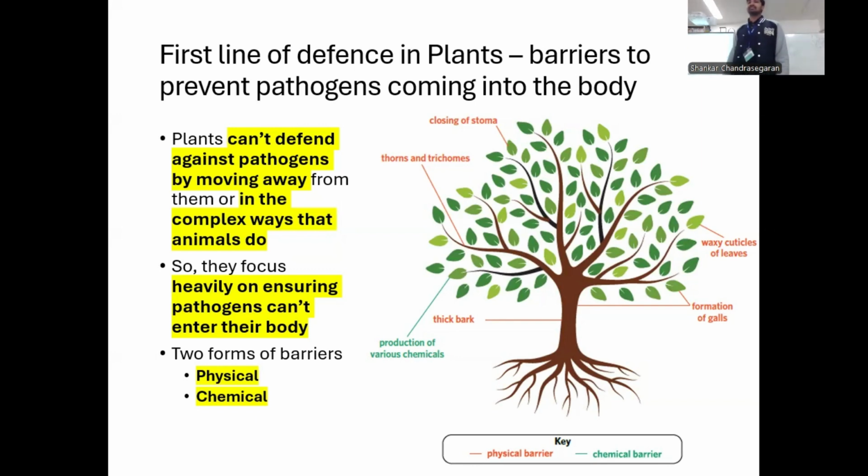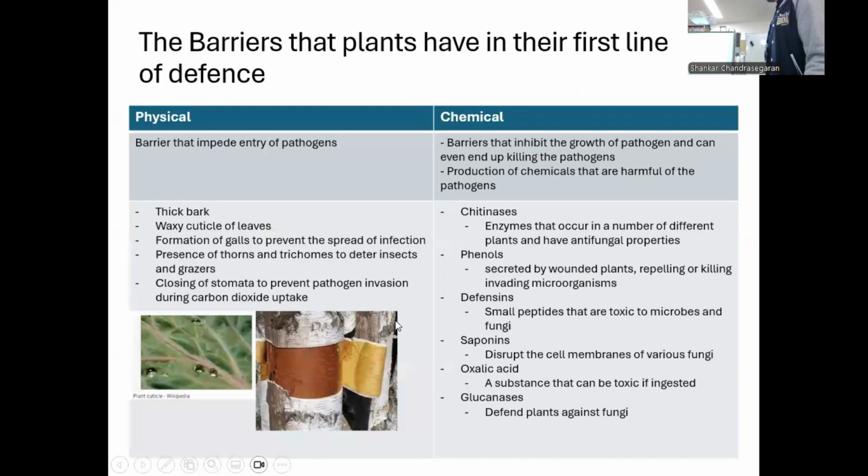They have a lot of features focused towards the first two types of barriers, which are the physical barriers and also chemical barriers that are heavily ensuring that no pathogens are entering into their body, or even if they do, they are very well controlled, ensuring that they don't get too dangerous, right?